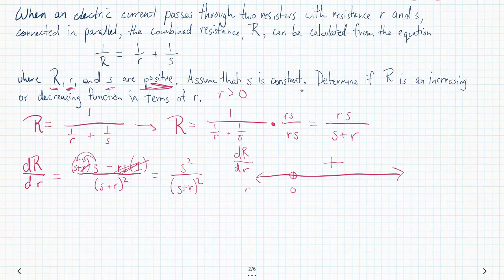So what does that mean is happening to our original function? Well, if that's the case, then what must be happening is we're increasing for all values, no matter what. We always have increasing going on. And so that tells us the function must be an increasing function.